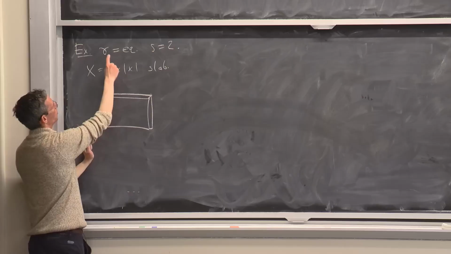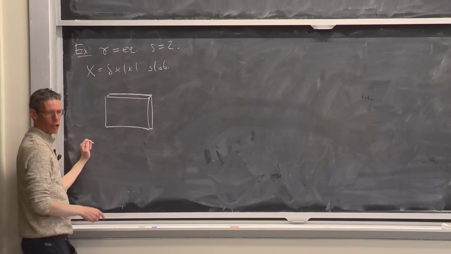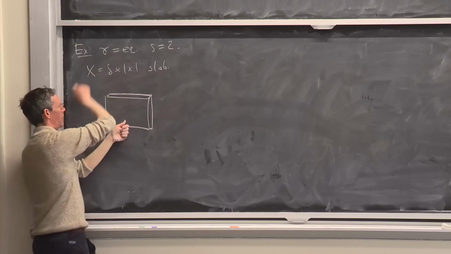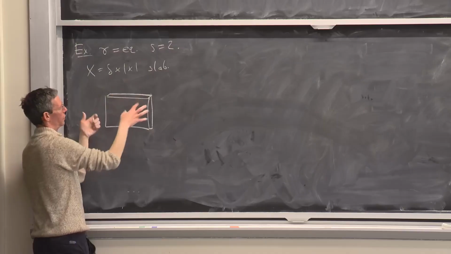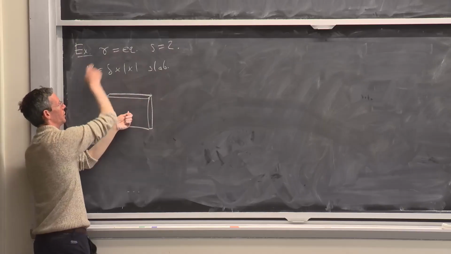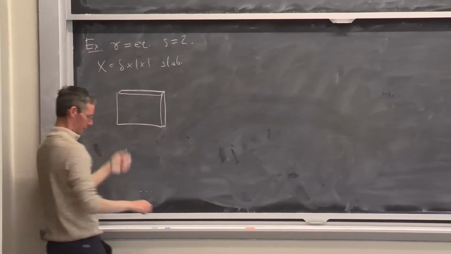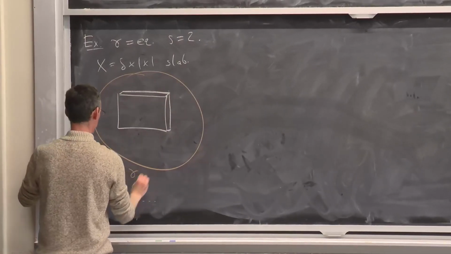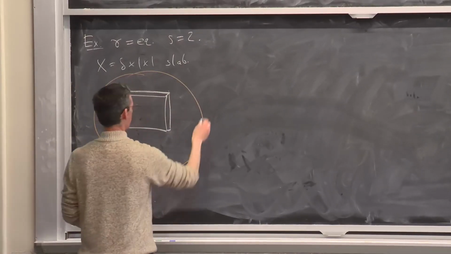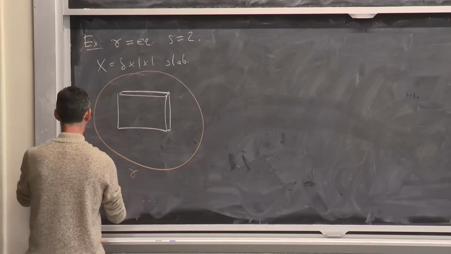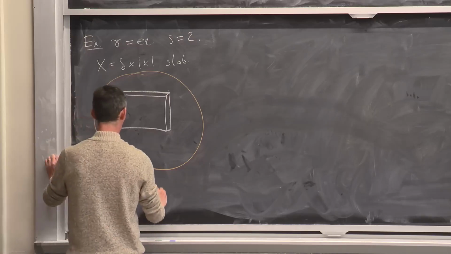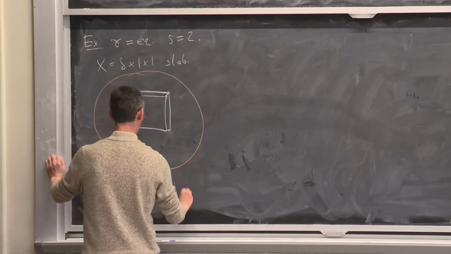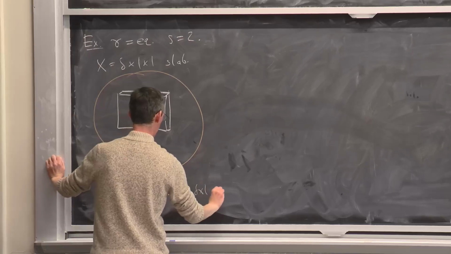OK, now there's an equator of directions that we're going to project in. And think of that as the equator where, if the sphere was centered at the blackboard and you intersected the sphere with the blackboard, you would get a circle. So here's gamma. So now if theta is in gamma, then the projection of X is a delta by 1 rectangle.